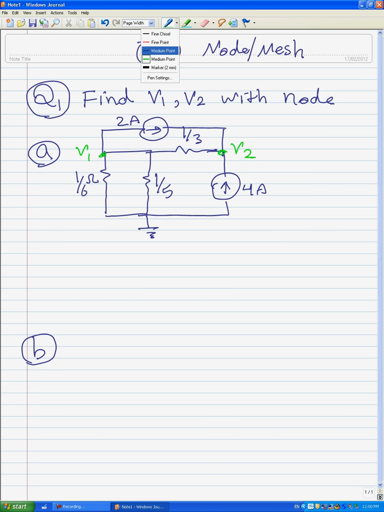In part B, the circuit is approximately similar to part A, but we want to add a voltage source like this.